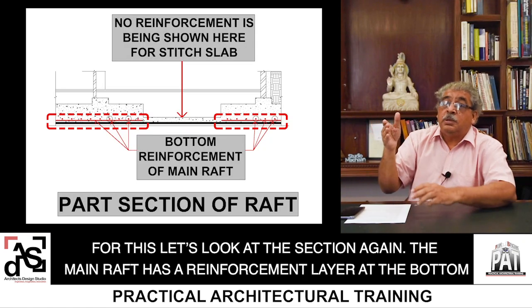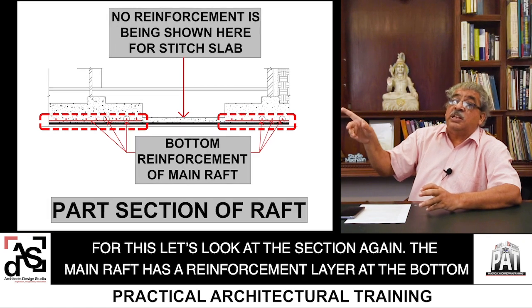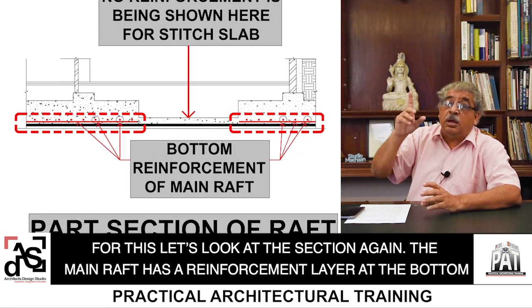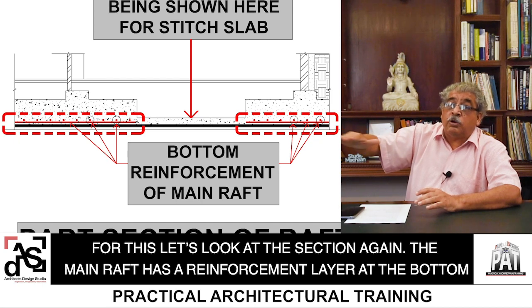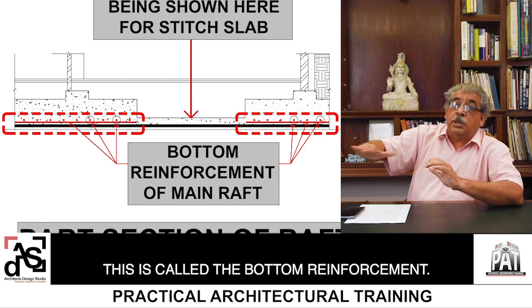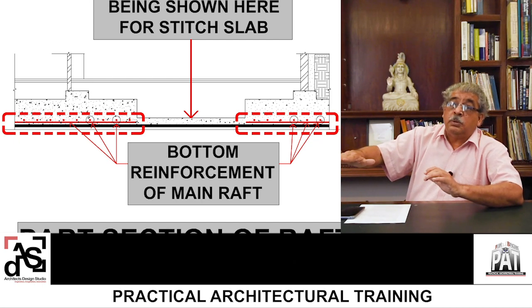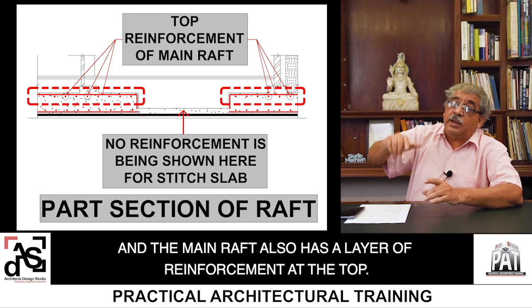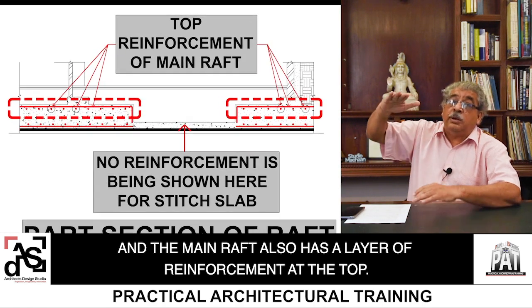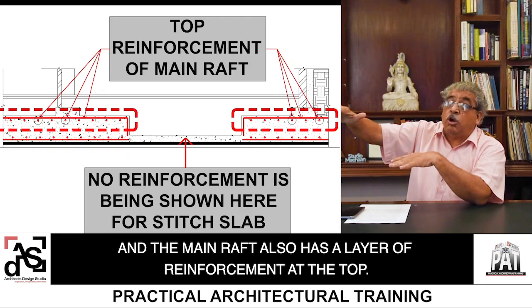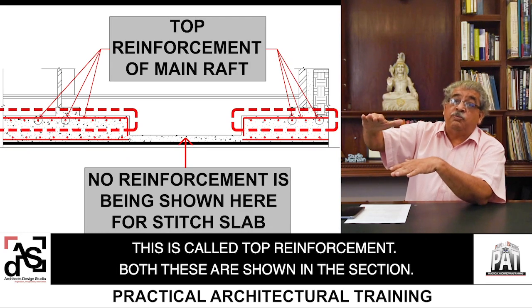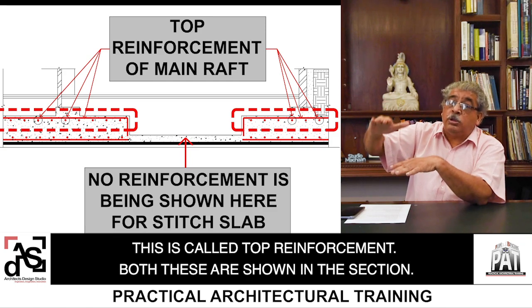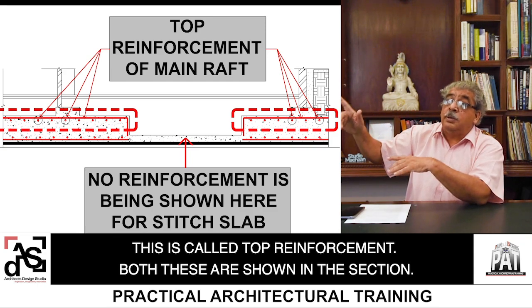For this, let's look at the section again. The main raft has a reinforcement layer at the bottom. This is called the bottom reinforcement. And the main raft also has a layer of reinforcement at the top. This is called the top reinforcement. Both these are shown in the section.